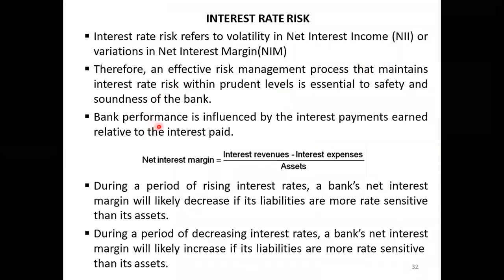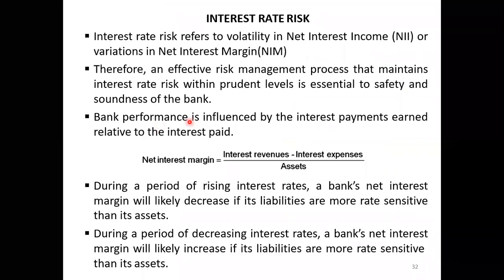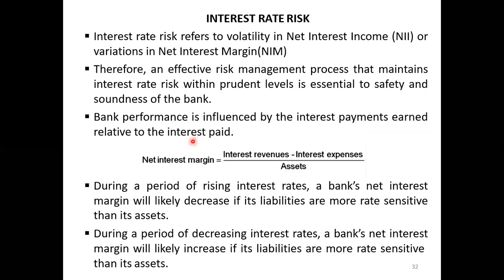The bank's performance is influenced by the interest payment earned relative to interest paid. The interest earned is typically from the loans provided to its customers, relative to interest paid on deposits of its customers.